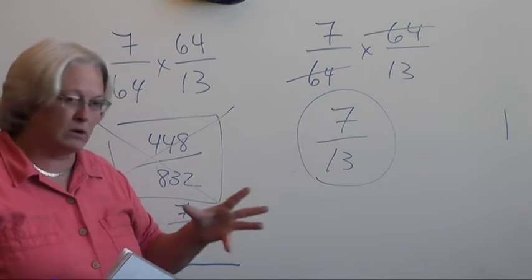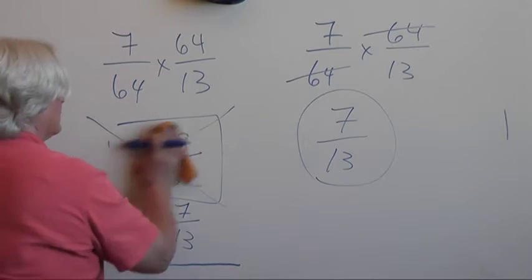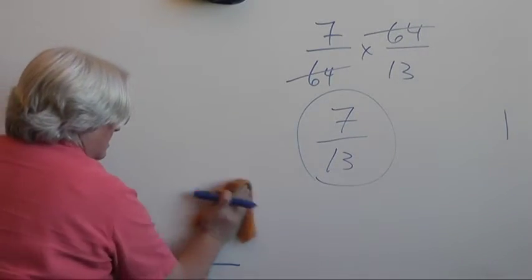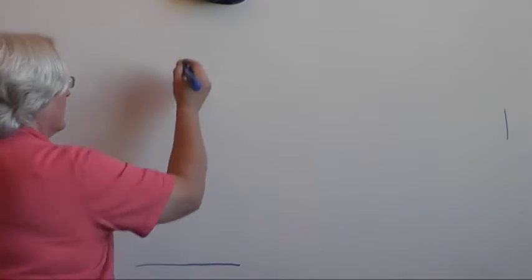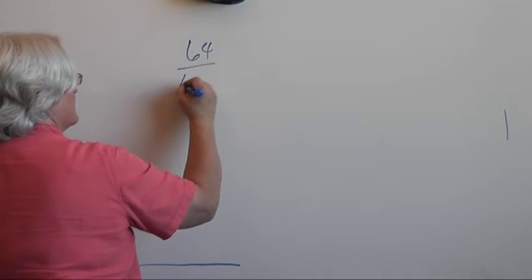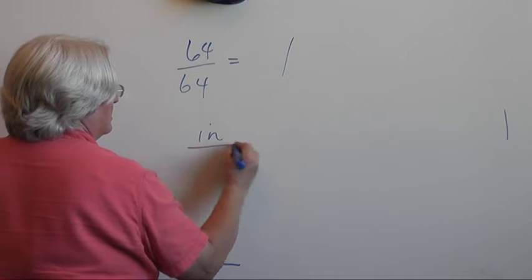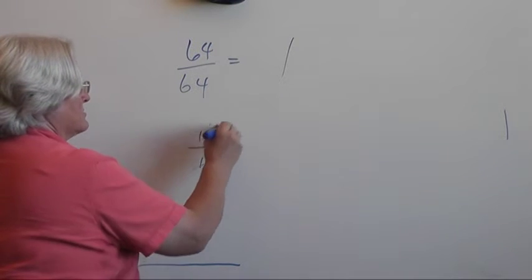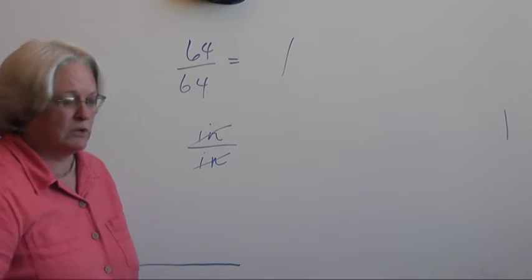Remember that anything divided by itself is equal to 1. So just like 64 over 64, if you have inches divided by inches, you can cancel those out.